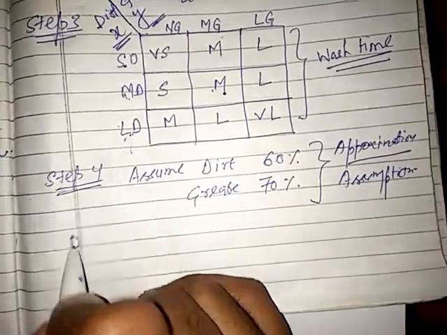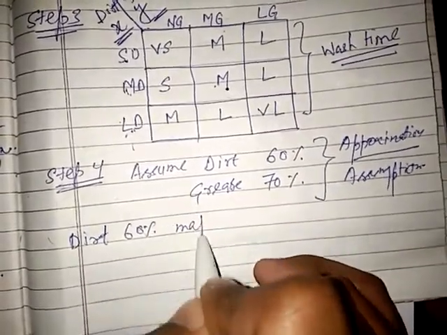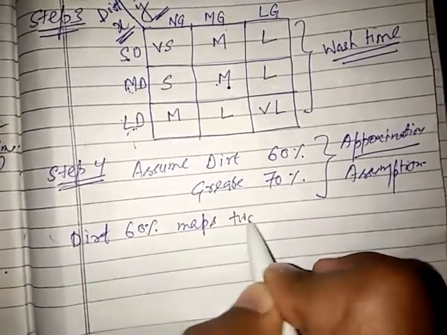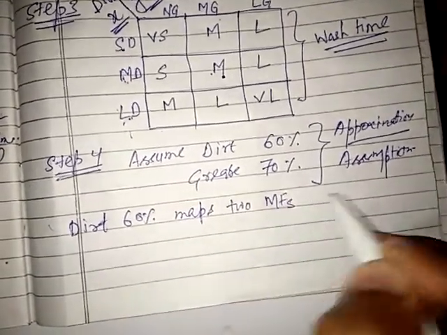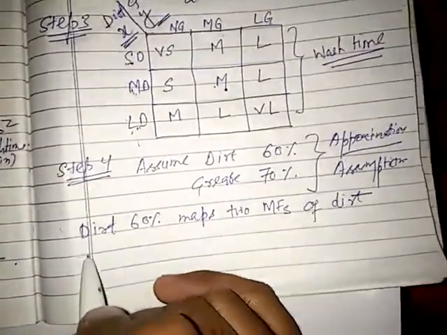Now we have the dirt, that is 60%, and we map it to the membership functions of dirt. Why do we map to two membership functions of dirt?